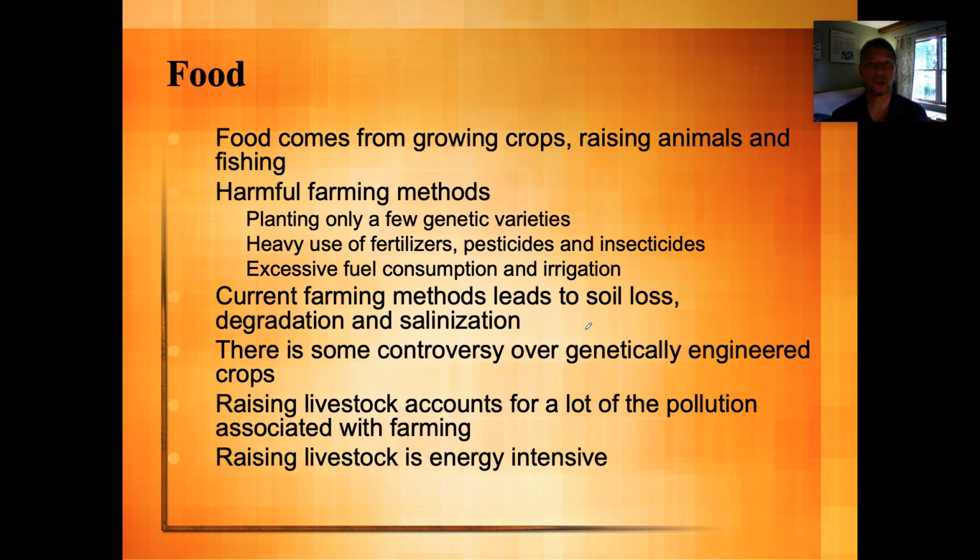And all of these things change the makeup of the environment around us. We use a lot of fuel and a lot of water in order to make those crops grow. These farming methods lead to soil loss and soil degradation, meaning that the soil becomes lower and lower quality as time goes on, and it can lead to issues.